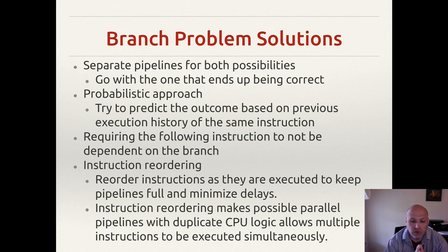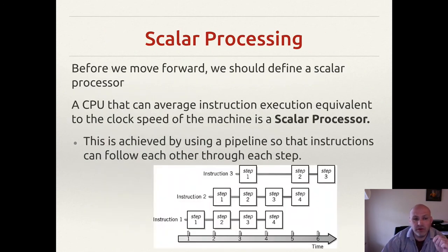Now, doing it this way also allows us to kind of explore our next step, which is to have parallel pipelines that might allow us to maybe do more than one thing at a time. So remember, we said scalar processing is this idea that our CPU clock is going to accomplish at least one thing per clock cycle, or at least we're going to get really close to it. That's a scalar processor, right?